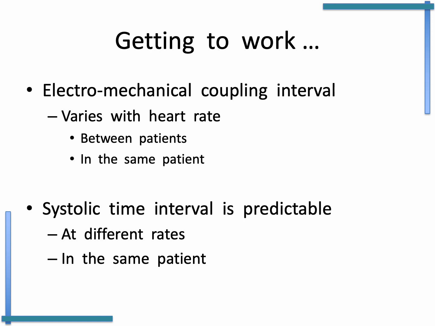So if we can measure for any patient at a fixed heart rate what the electromechanical coupling interval is, then we know what the systolic time is, and that interval is predictable at different rates in the same patient. And so we can get our balloon pump to analyze this data for any particular patient, and it then allows the balloon pump to look up in a program how it needs to adjust this interval for any change in heart rate in the patient.